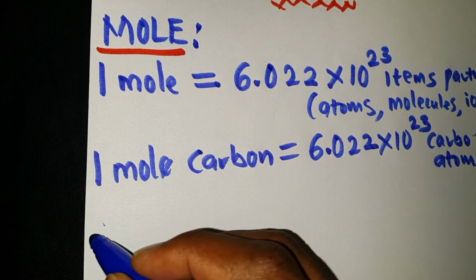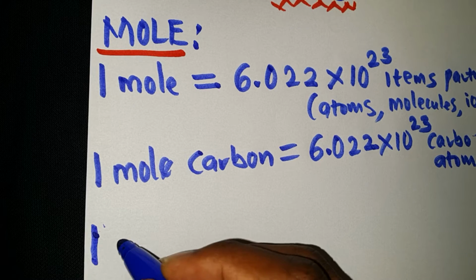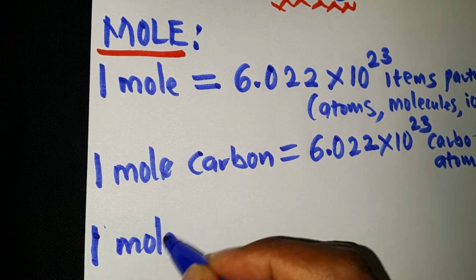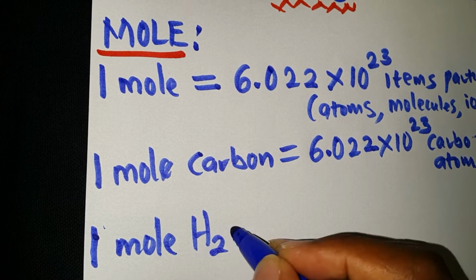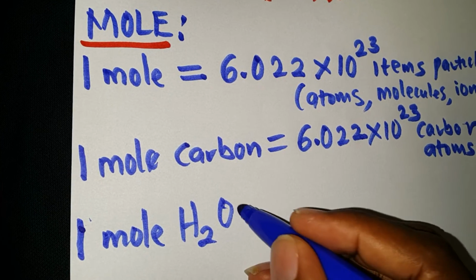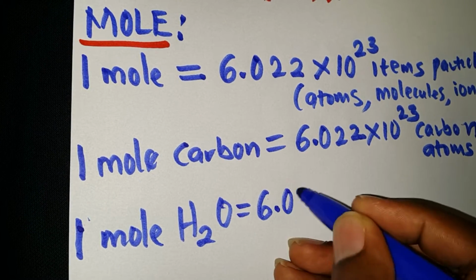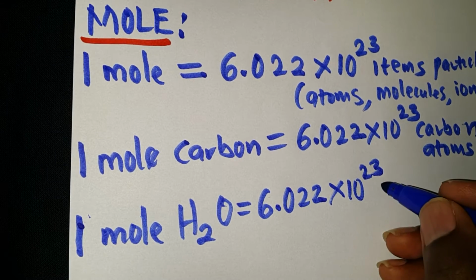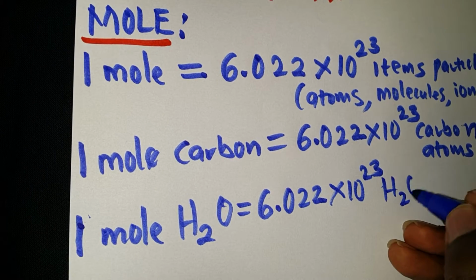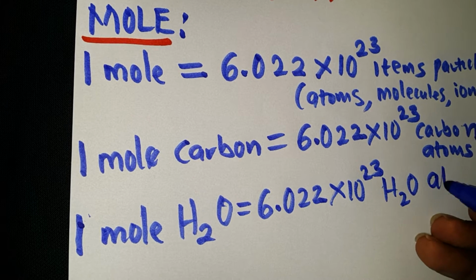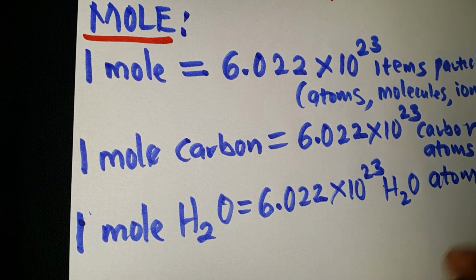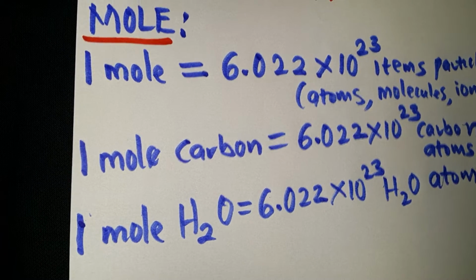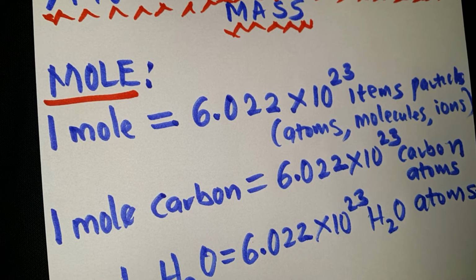So what if we have 1 mole of H2O? It's still the same thing. It also has 6.022 multiplied by 10 raised to the power 23 H2O molecules. Yeah, so that's all about the mole.